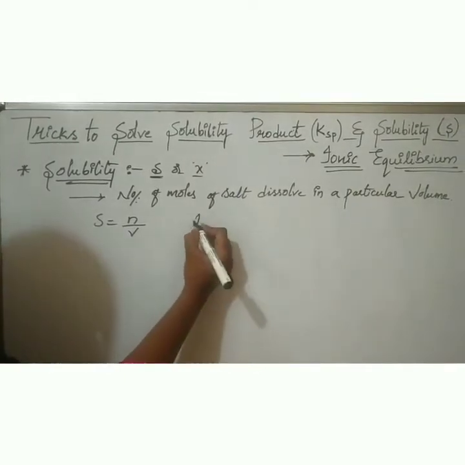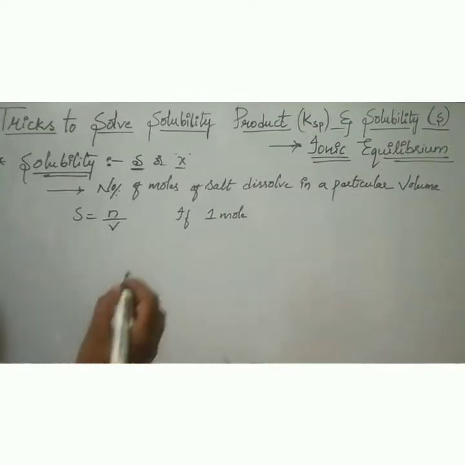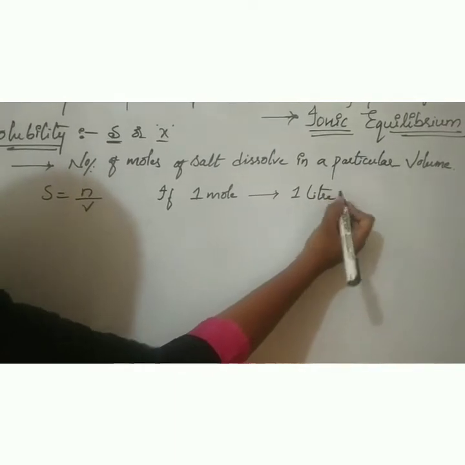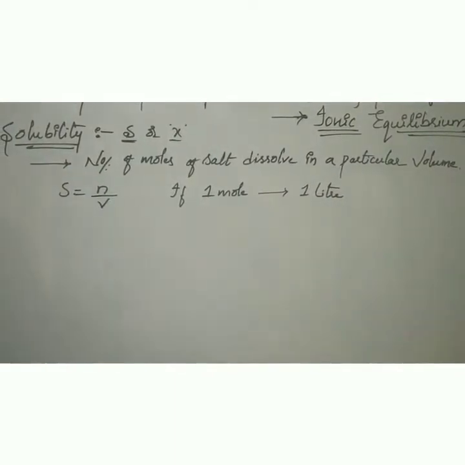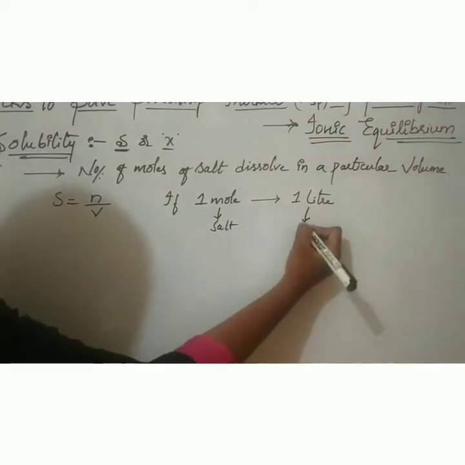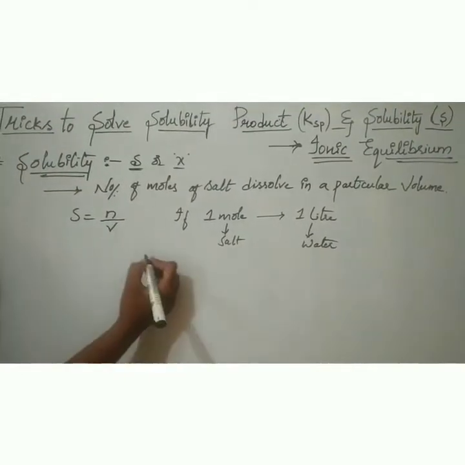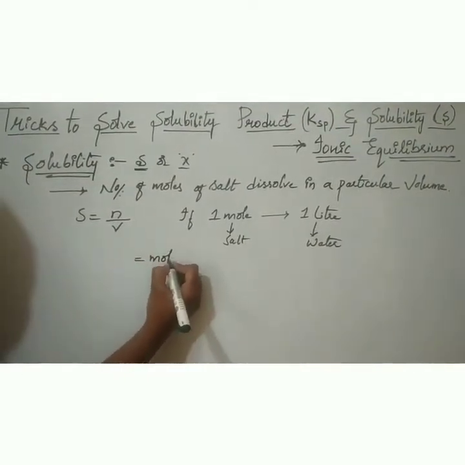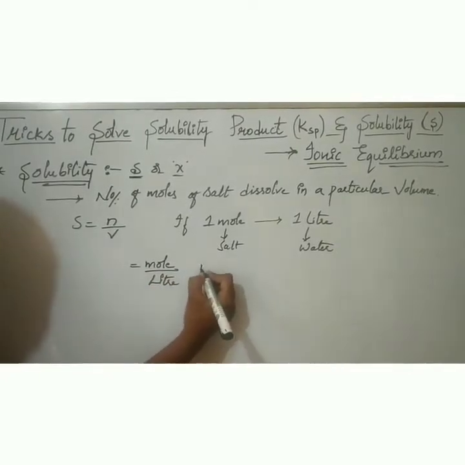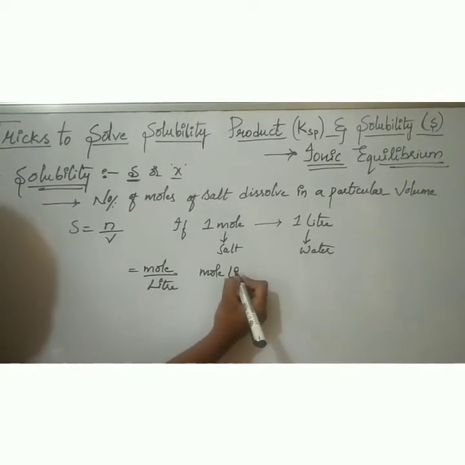If 1 mole of a salt is dissolved in 1 liter, this is salt, this is water, then the unit is mole per liter.